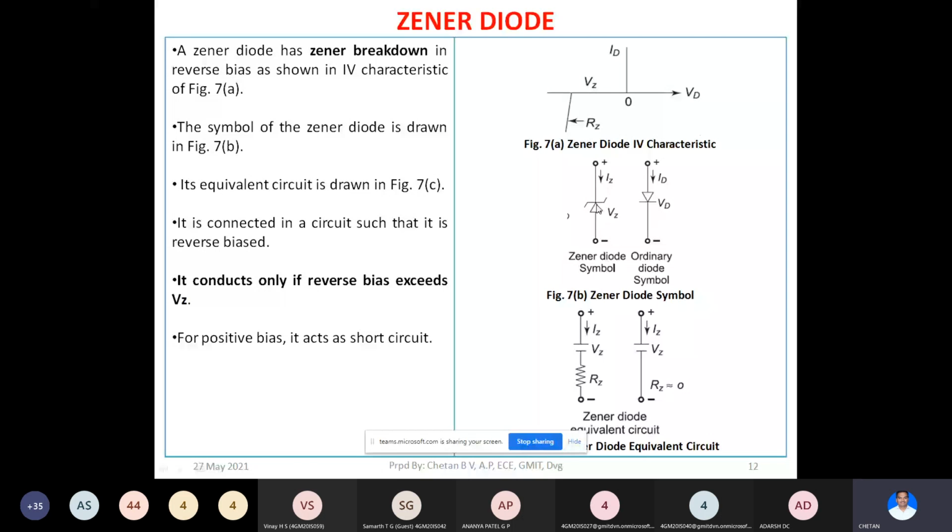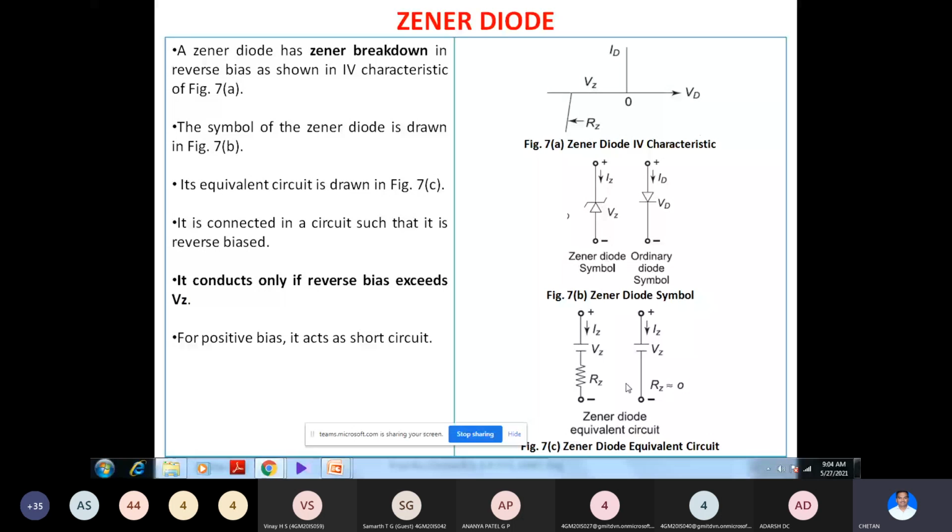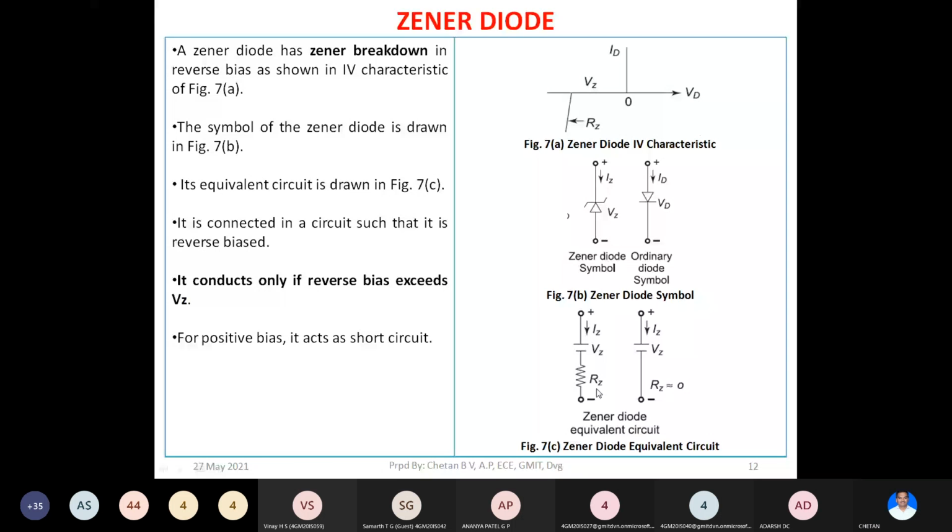Then afterwards, we have the equivalent circuit for the Zener diode. This is a linear piecewise equivalent circuit where you have the battery, which represents the reverse breakdown voltage. After that, you have the dynamic reverse resistance, represented by RZ. This RZ is the measure of the slope of this line.